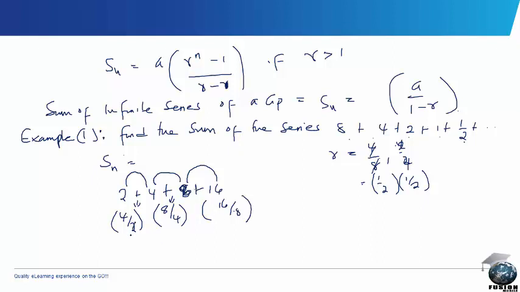You find out that each of these gives us 2. So this gives us 2, and this gives us 2, as a common ratio.